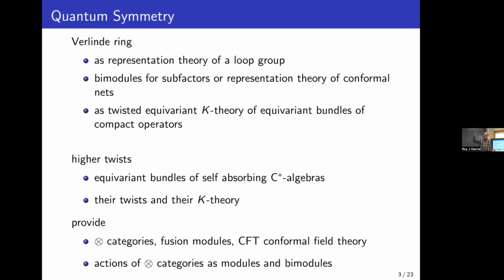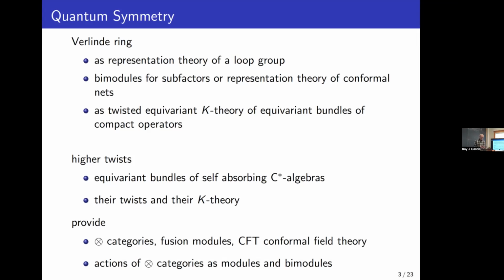And in the subfactor theory, they arise as bimodules for subfactors and factors, or the representation theory of conformal nets, where you associate a von Neumann algebra to, say, subsets of a circle, and how they combine with the representation theory of that. It is the Verlinde ring. And then, of course, from Hopkins and Teleman, we also think of it as through twisted equivariant K theory.